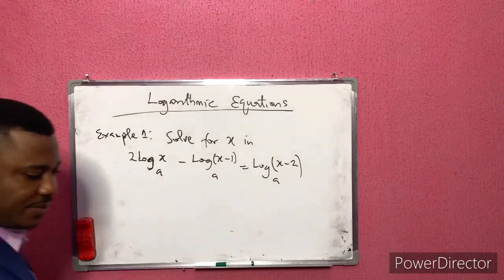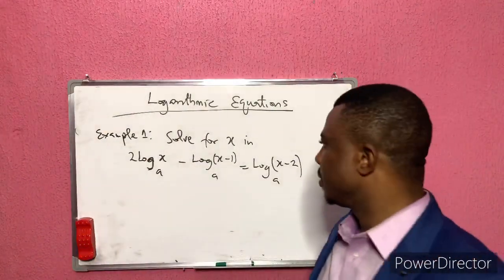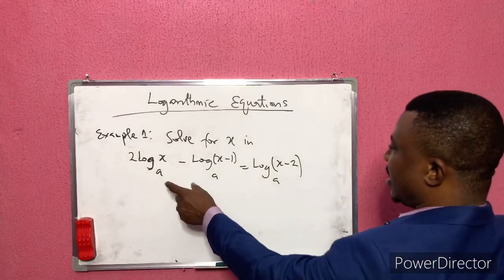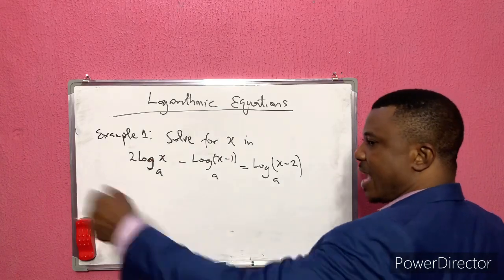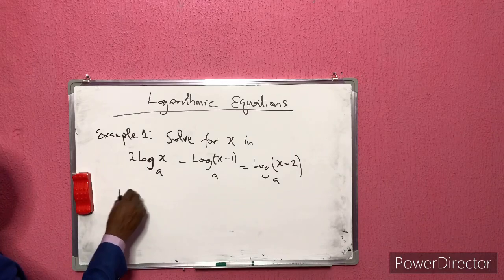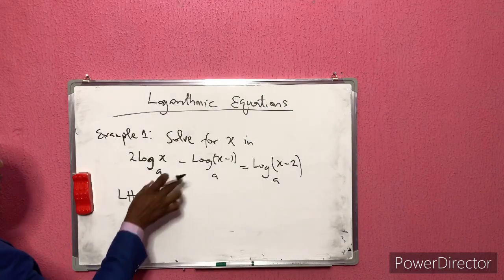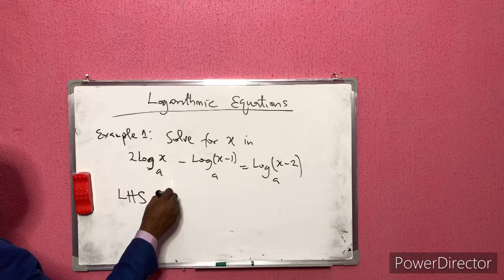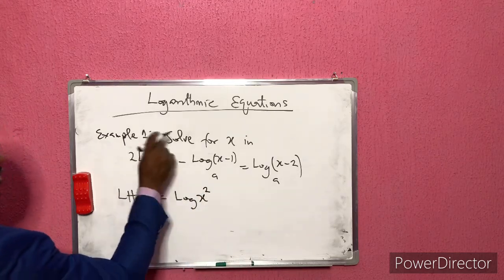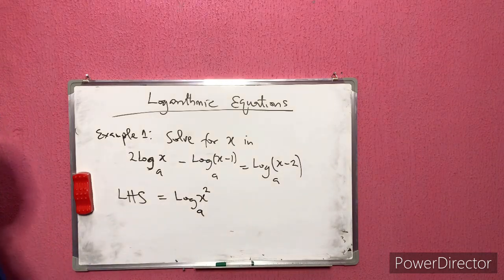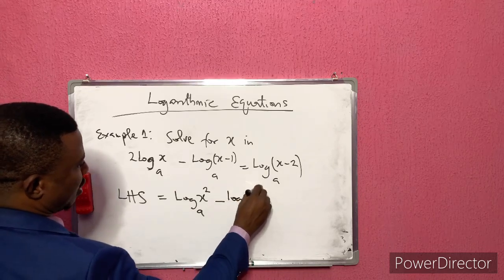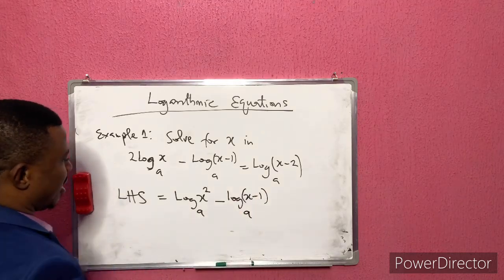Look at this. Let's look at the left hand side. The left hand side is equal to log x power 2 base a minus log x minus 1 base a.